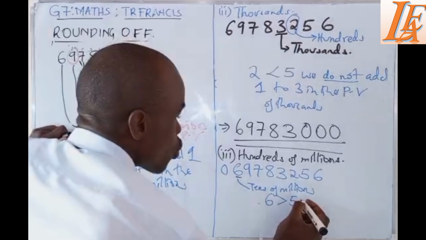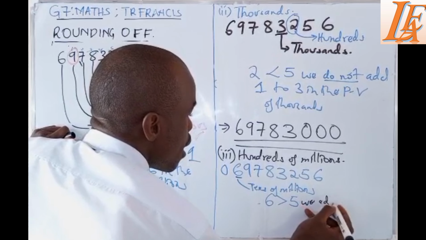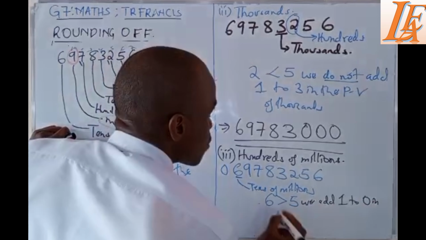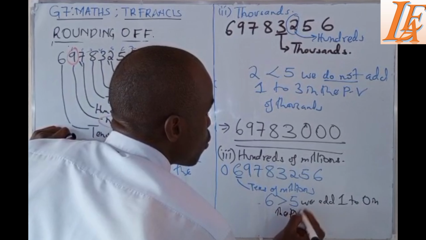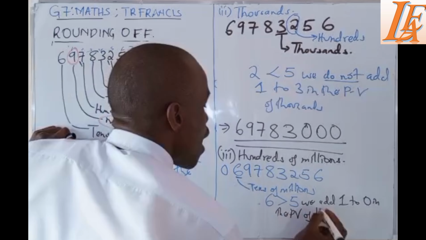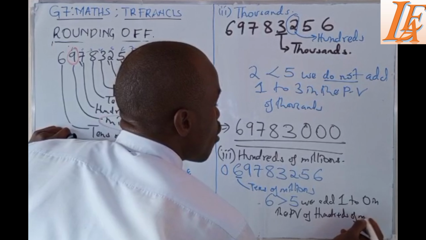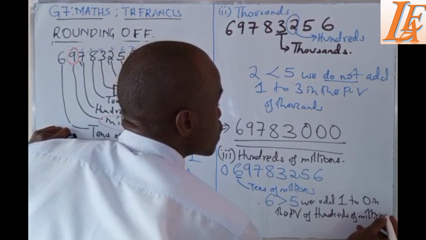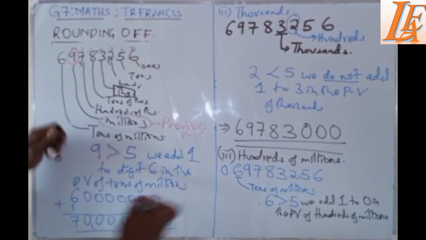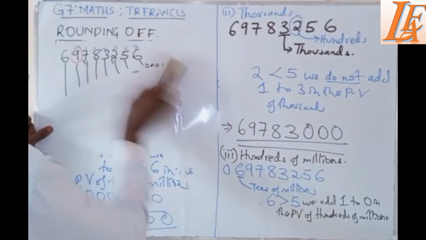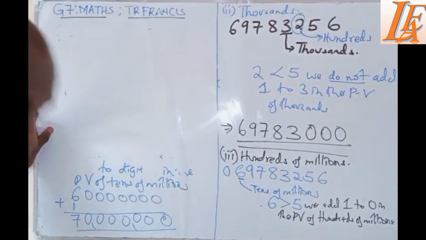So we add 1 to 0 in the place value of hundreds of millions. Therefore, it will be like this.